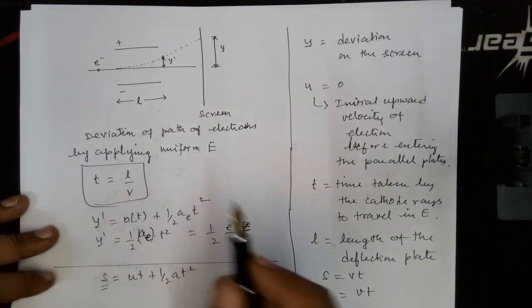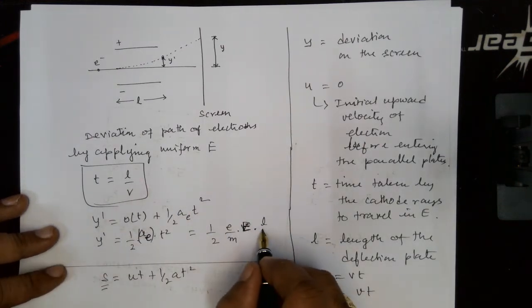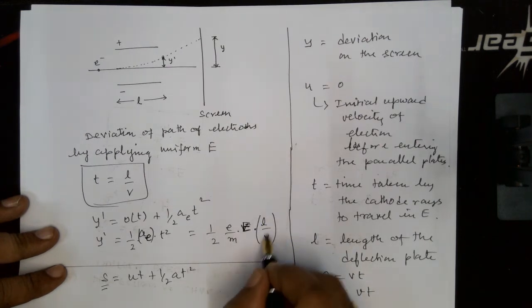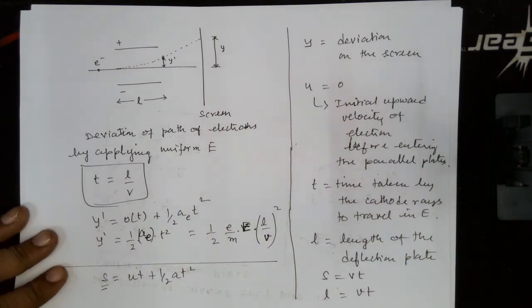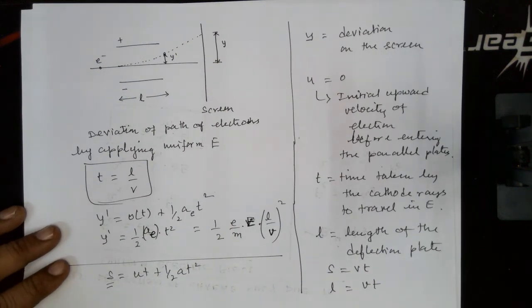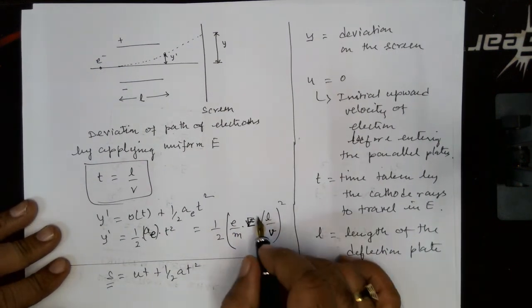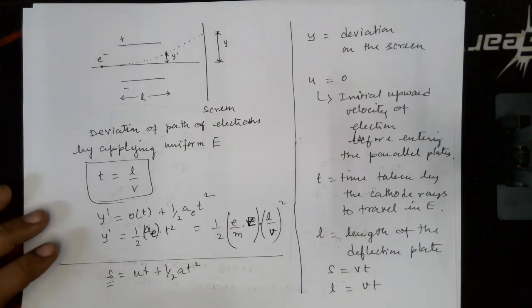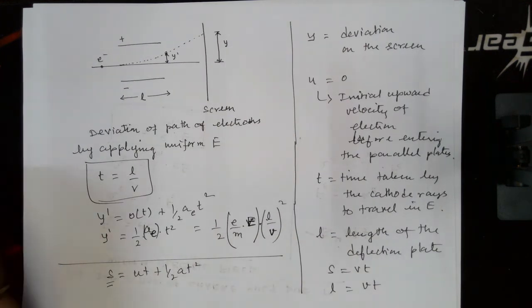T is nothing but L by V. So L by V whole square, and this is velocity, right? So we have now these terms instead of y dash.